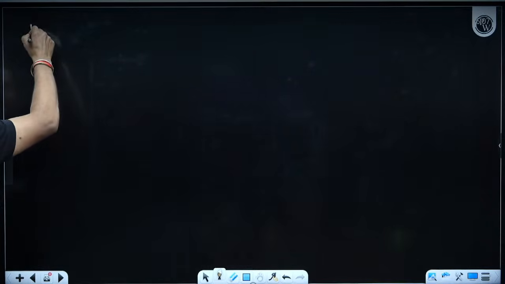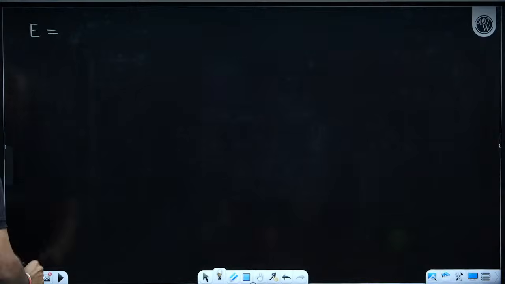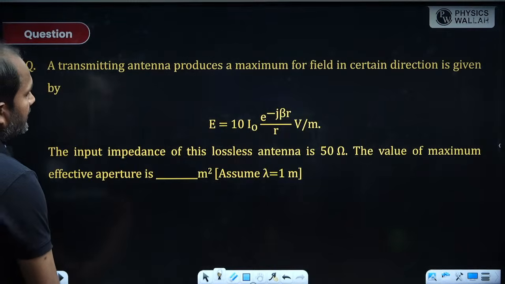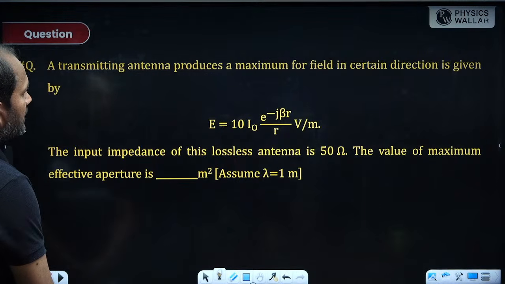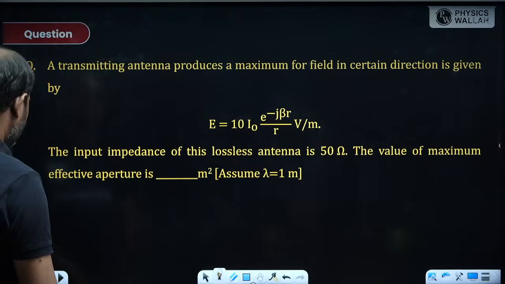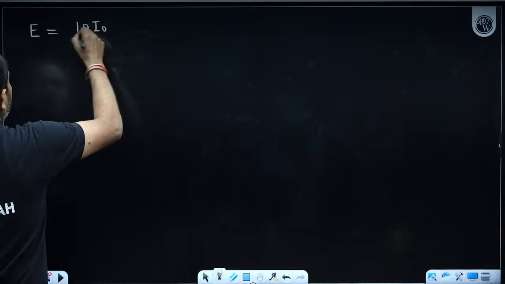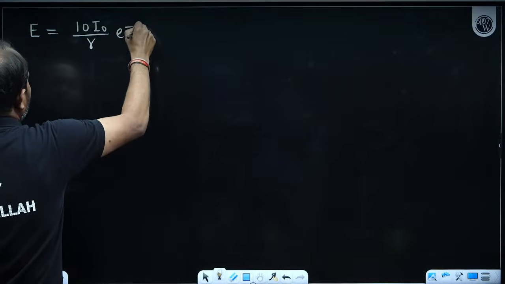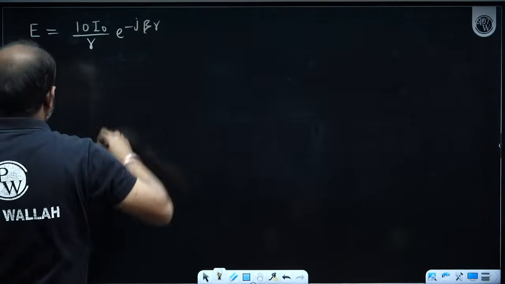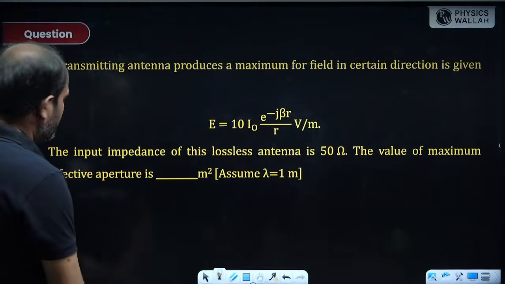So electric field is equal to 10 I naught e to the power minus j beta r divided by r, in volt per meter.